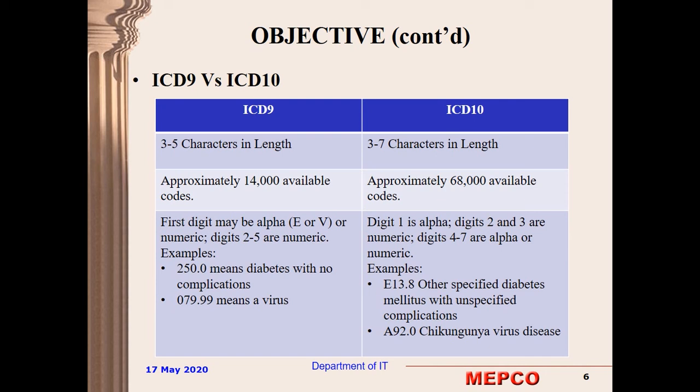In ICD-9 we have 3 to 5 characters, whereas in ICD-10 we have 3 to 7 characters, and ICD-10 has comparatively more codes than ICD-9. For example, the ICD-9 code 250.0 means diabetes with no complication. In ICD-10 it is E13.8. There is a difference between the numeric and the alphanumeric characters.